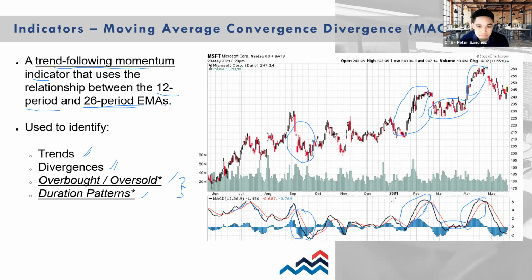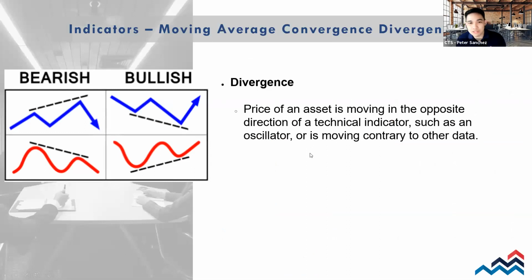Okay? Next, divergences. Use it to identify divergences. So first, what is a divergence? It's basically the price of an asset is moving opposite of the technical indicator. So sa case natin, MACD ginagamit namin usually on divergences.